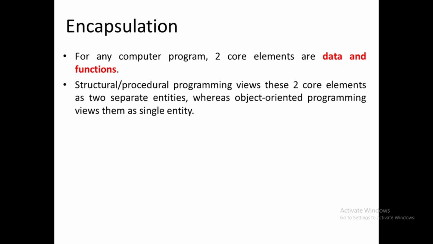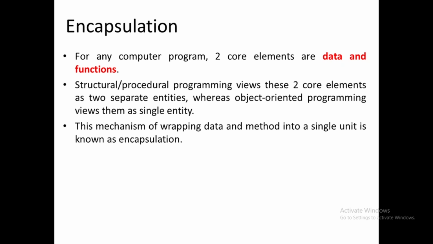So remember, structural or procedural programming views these two core elements as two separate entities, whereas object-oriented programming views them as single entity, that is known as object. This mechanism of wrapping data and method into a single unit is known as encapsulation. So this technique of wrapping both data and function into an object, that is known as encapsulation.